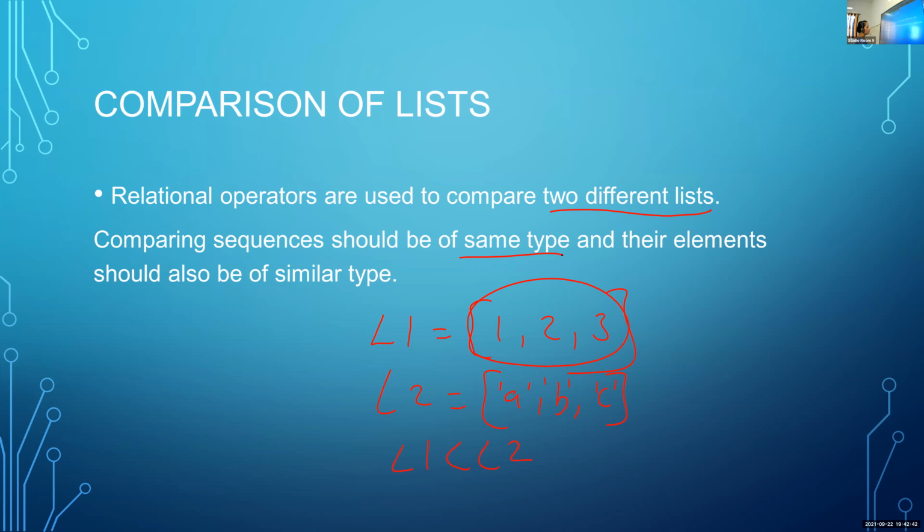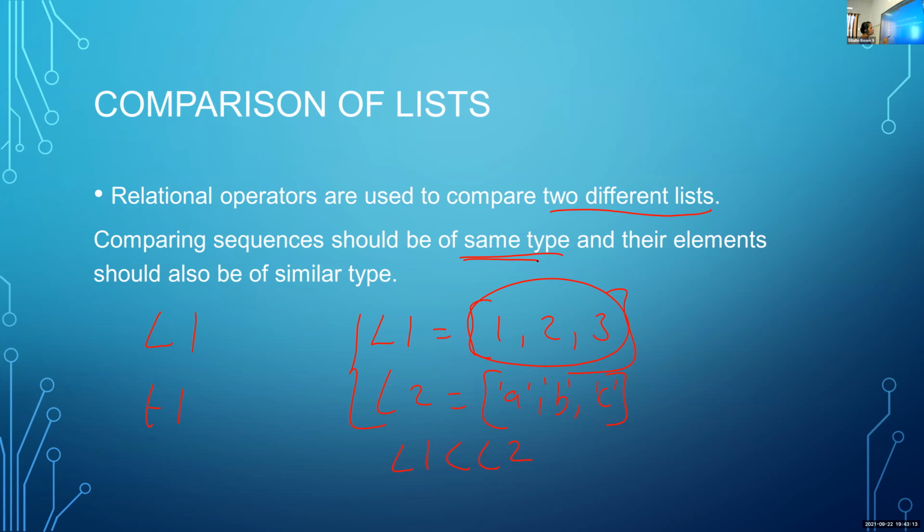That is, if I want to compare lists, the two values must be in list form, and the elements should also be of the same data type. We can't compare one list and one tuple. Sequences include tuple, dictionary, list, so comparison is only based on the same sequence.